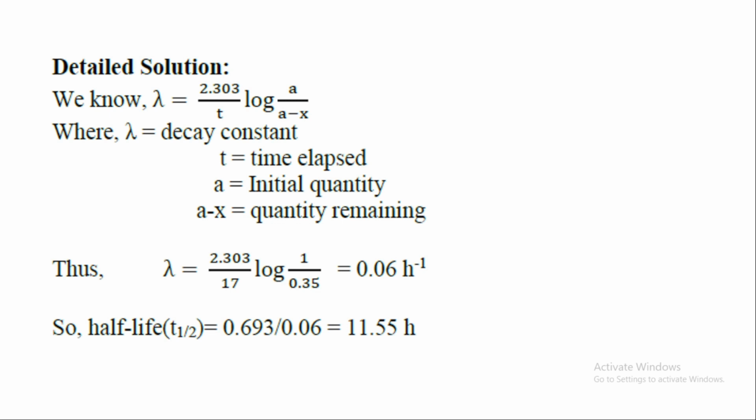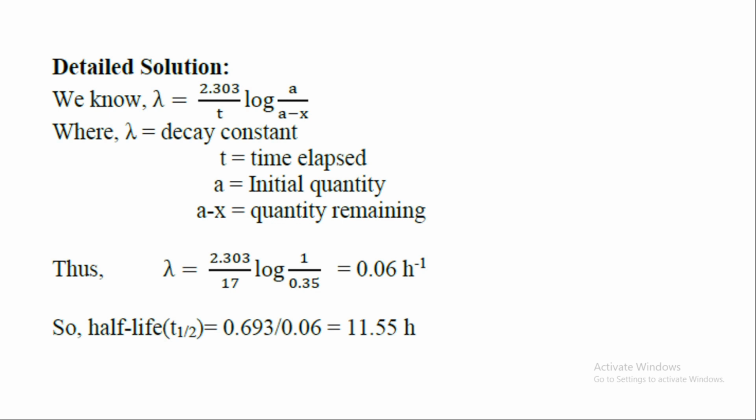When I am saying log, I mean natural log, ln. So ln n by n0 is equal to ln e raised to the power of minus lambda t. So that ln e raised to the power minus lambda t will be equal to minus lambda t, because anything in power will come outside of the log. So you will get ln n upon n0 is equal to minus lambda t.